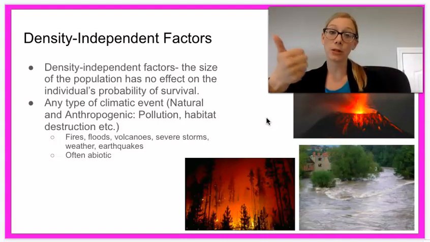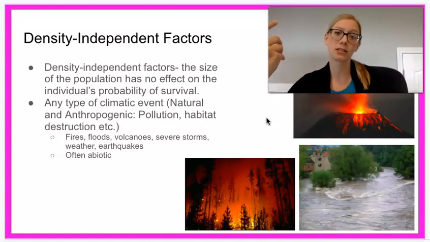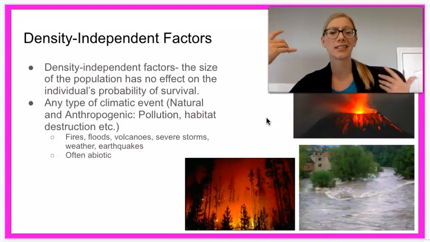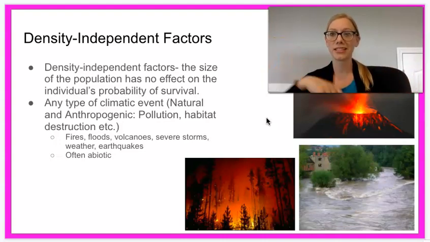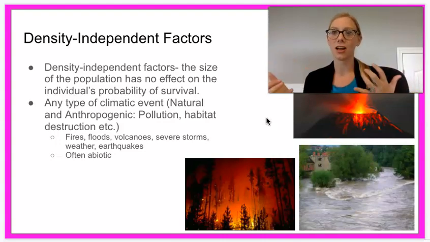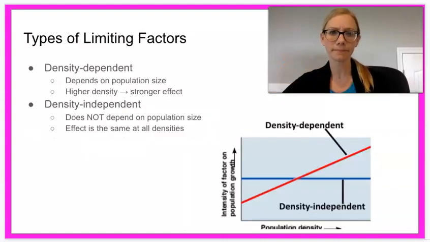So it could be pollution, habitat destruction, fire, floods, volcanoes, severe storms, weather, earthquakes, oftentimes things that we think of as abiotic, not living, that influence it, and kind of totally random. Not just because there are a lot of individuals in one given space will we see density-independent factors really affect our population size.